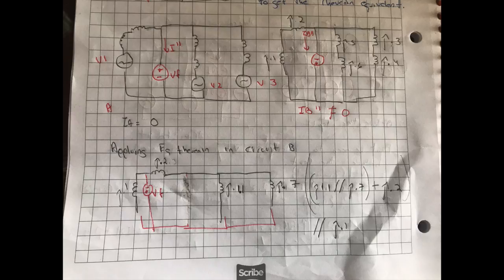To calculate that current, we need to get the equivalent Thevenin circuit, and for the equivalent Thevenin circuit, we need to get the equivalent impedance. So we turn off the voltage sources to get the equivalent impedance.